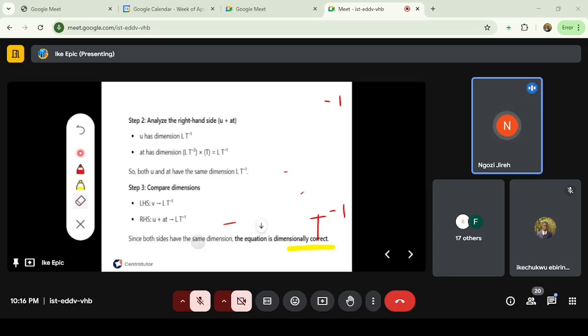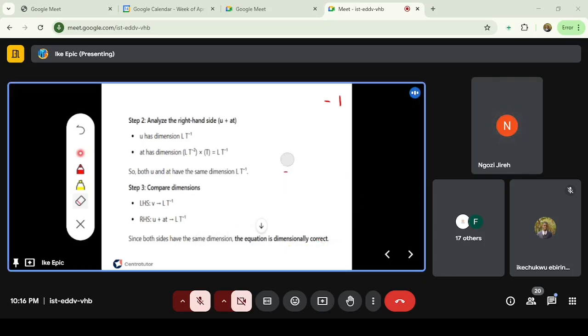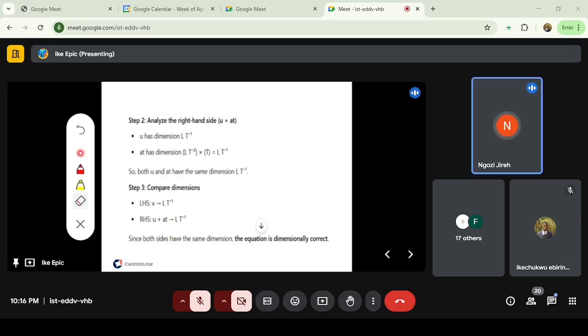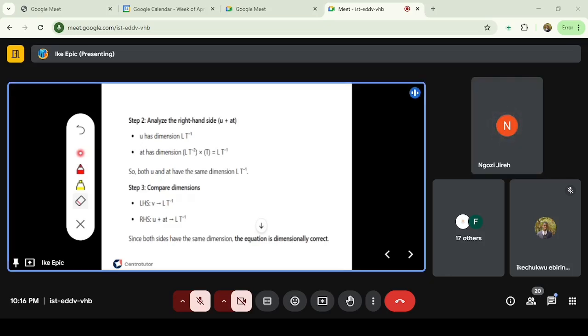Yes, sir. The first step to check whether an equation is dimensionally correct is to express all the parameters in form of dimension. Then you will check those that are grouped together. The second step is to check those that are grouped together on the right hand side, individually, separating them by plus and minus sign.